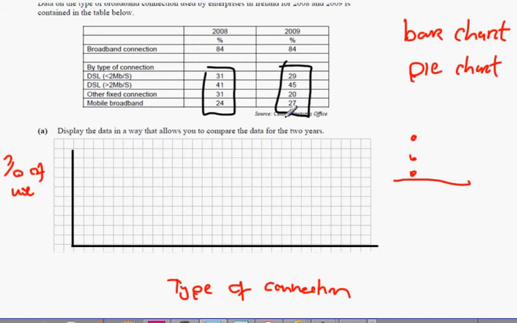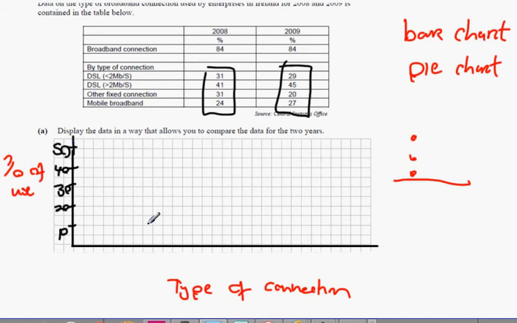If you're doing a bar chart, it's 0. So we have to go from 0 to 50. Let's count how many blocks we have. 1, 2, 3, 4, 5, 6, 7, 8, 9, 10. We have enough to go up in twos. So we go 10%, 20%, 30%, 40%, and 50%.